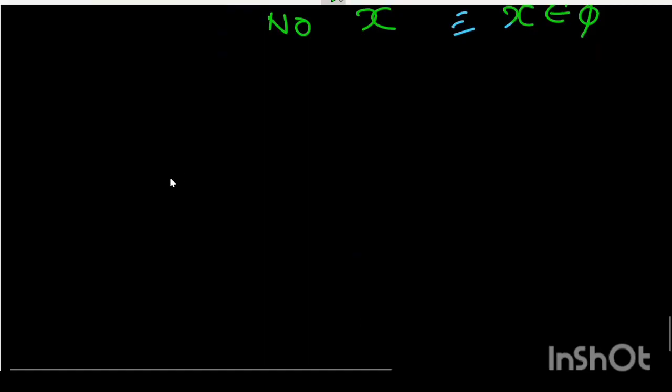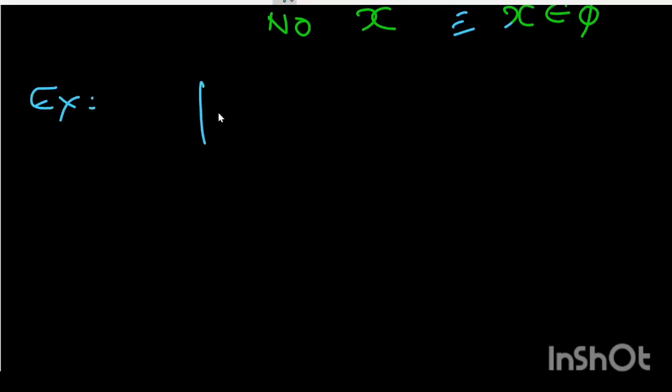Now in a similar way, for example, instead of x, if I take something like |x² - x - 9| less than minus 3.